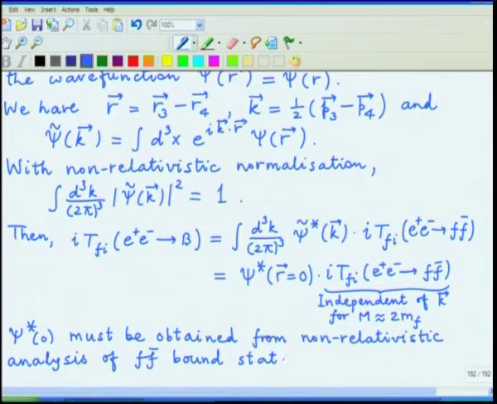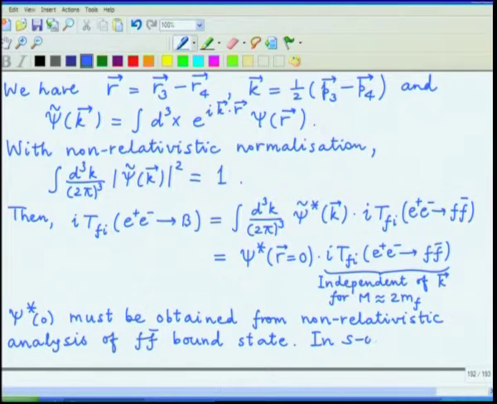One has to solve the Schrodinger equation and calculate what is the wave function at the origin, and that is not calculable in the machinery which we have introduced so far, but treating it as a parameter we can calculate everything else, and so the total cross section will depend on whatever this wave function at the origin is in the actual system, or turning it around, one can use the measurement of the total cross section to estimate the wave function at the origin of the bound state.